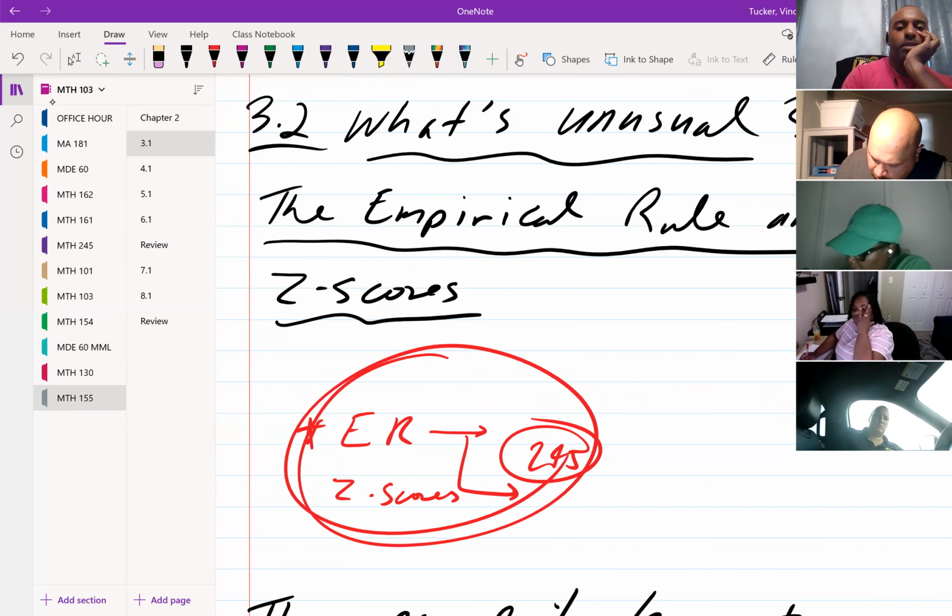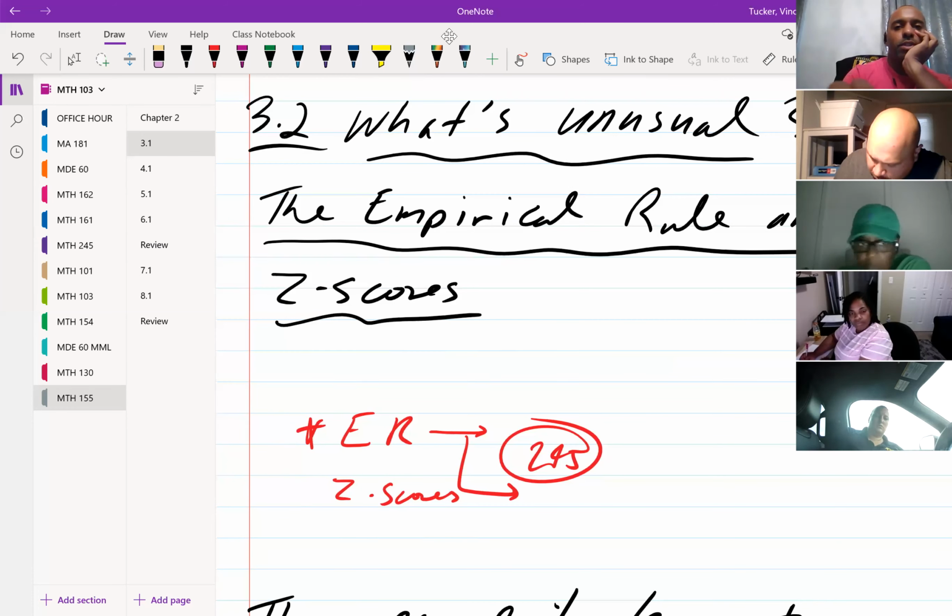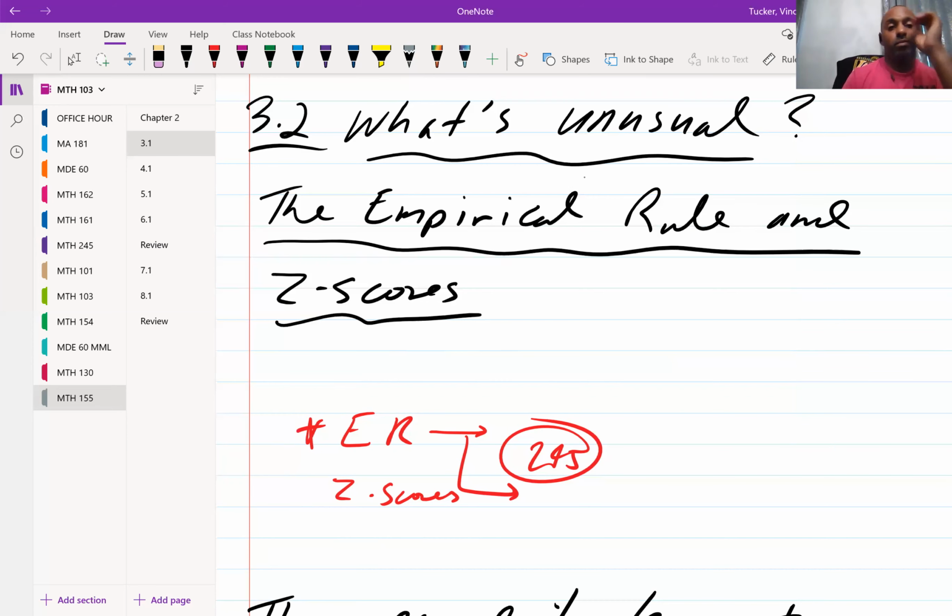That's just notes for me. About to switch to another sheet. Does that say z-scores? Yep, z-scores. All right, so let's go there.